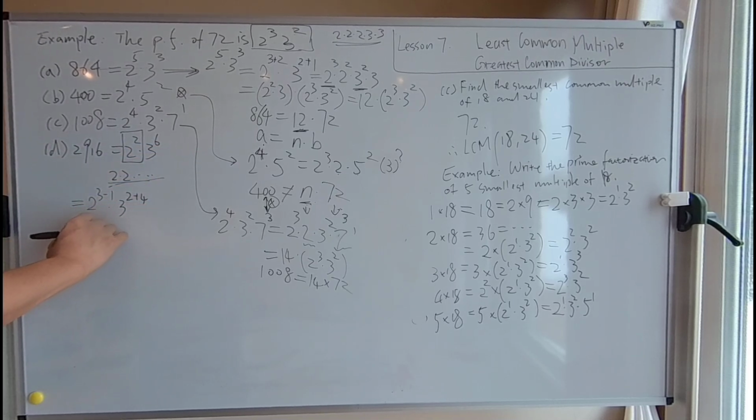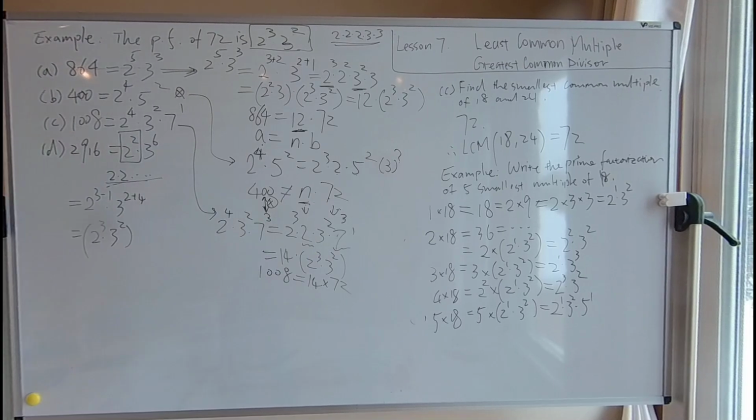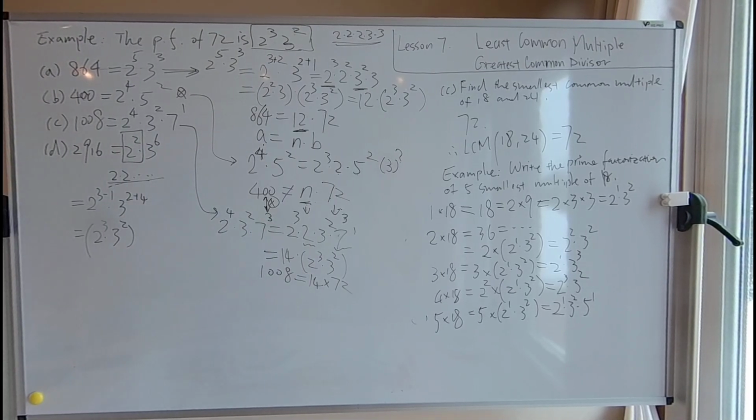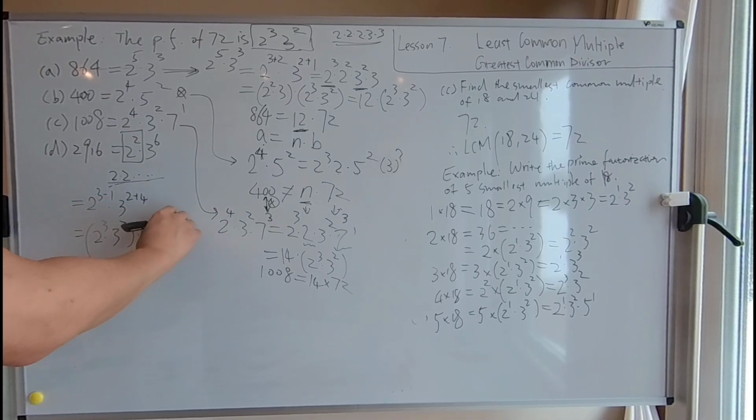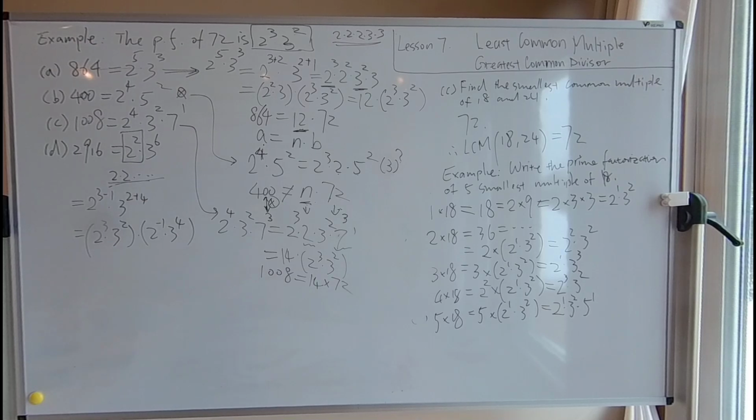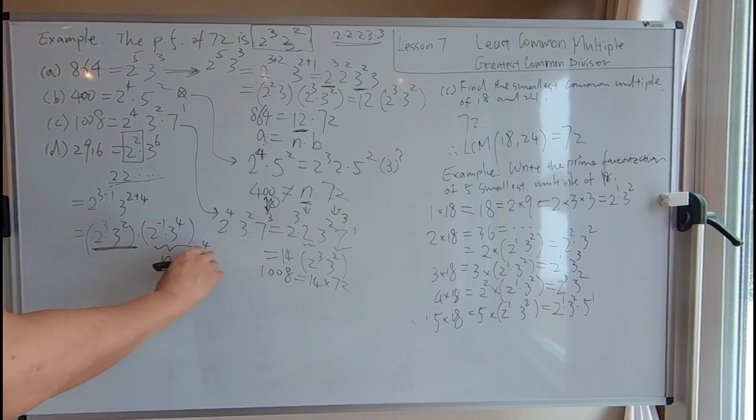So yes, I can still have a 2 cubed, and then I will have 2 to the minus 1 and 3 to the 4th power. So this is 72, already have it, but this as your n is no longer an integer, because this is 3 to the 4th power divided by 2, right? 2 to the minus 1 is 1 over 2.